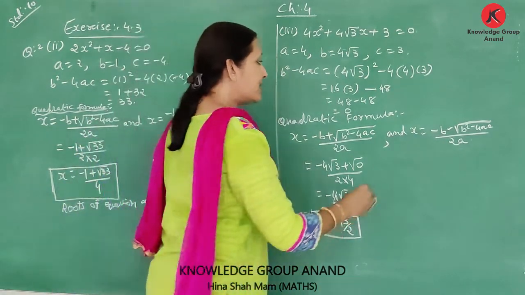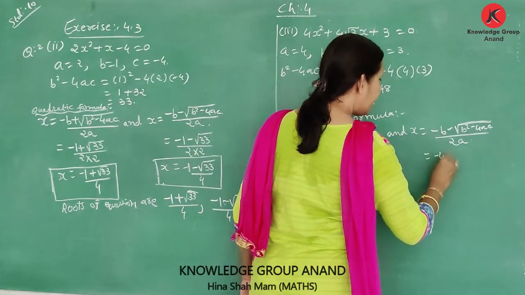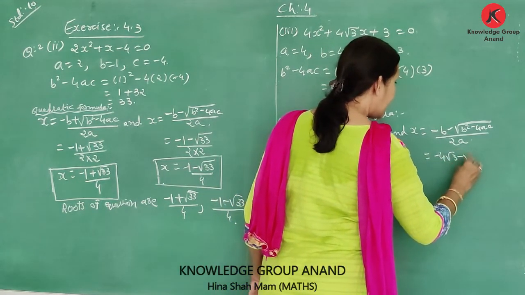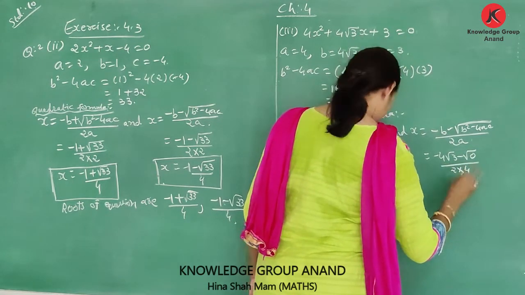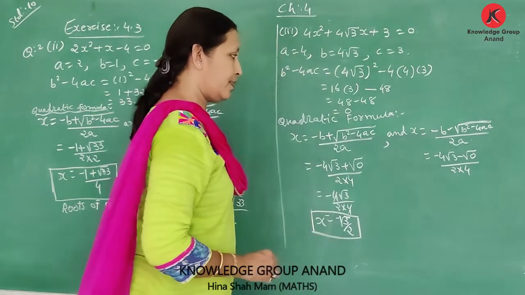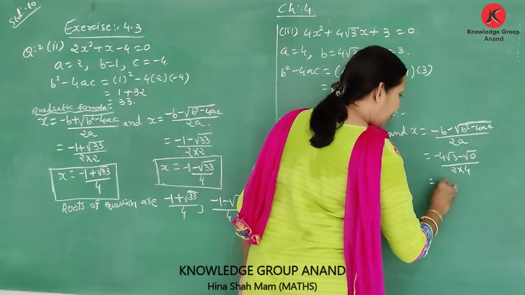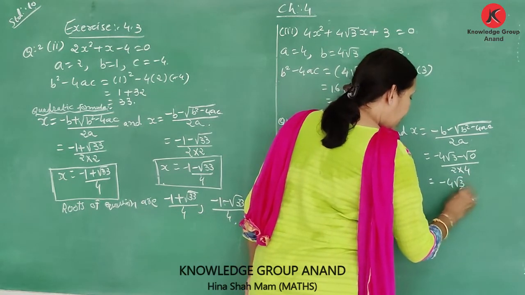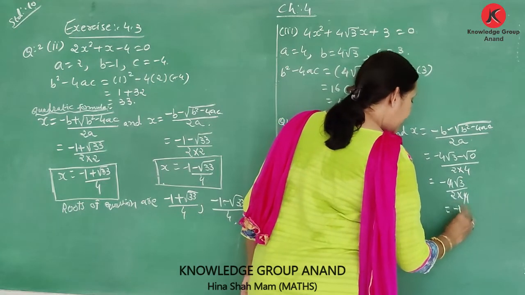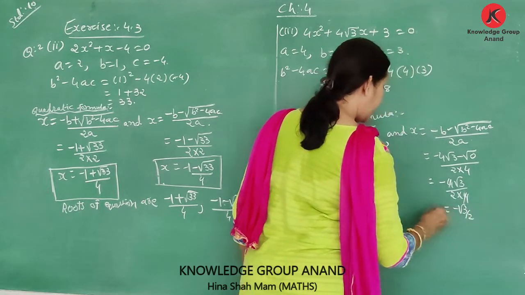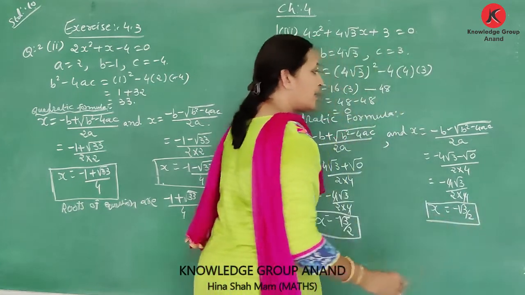Okay. Here is the simplification. Minus 4 root 3 minus under root 0 upon 2 into a, where a is equal to 4, is equal to minus 4 root 3 upon 2 into 4, which is minus root 3 by 2. So x is equal to minus root 3 by 2.